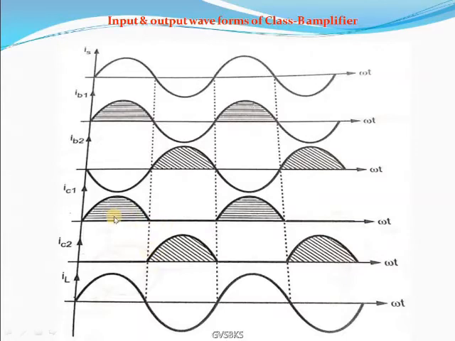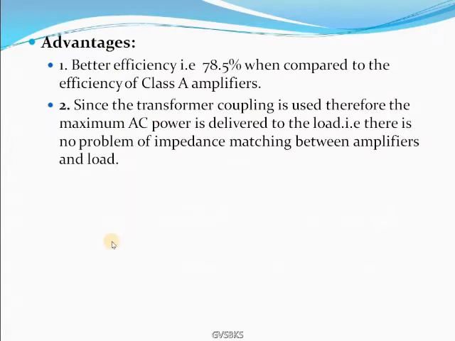If you combine both currents IC1 and IC2, then the load current will appear in the positive and negative half cycles, which is exactly the same as, or in phase with, the input signal.